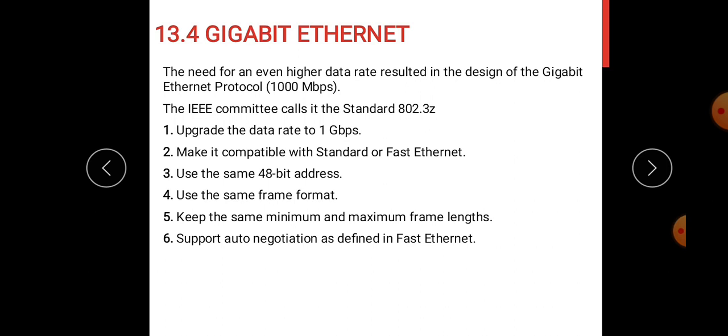So the goal can be summarized as: upgrade the data rate to 1 gigabit per second, make it compatible with standard or Fast Ethernet, use the same 48-bit address, use the same frame format, keep the same minimum and maximum frame length, and support auto negotiation as it is defined in Fast Ethernet.